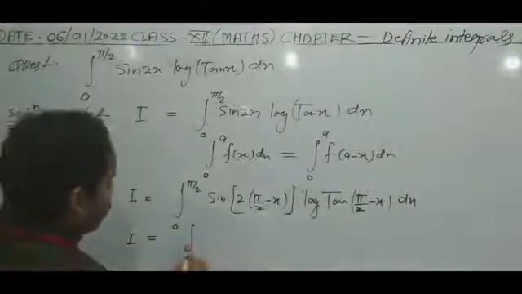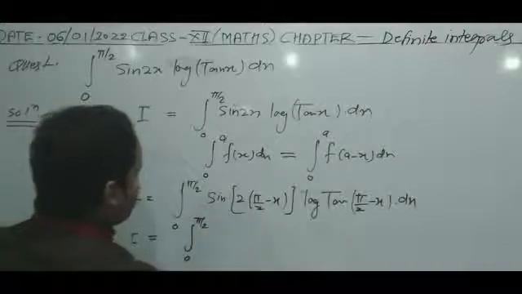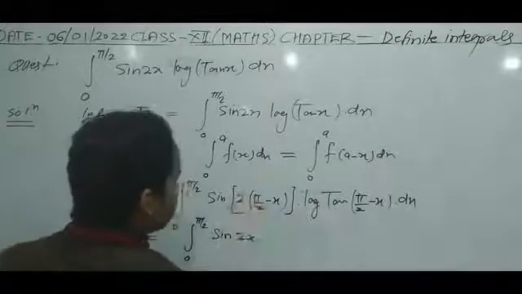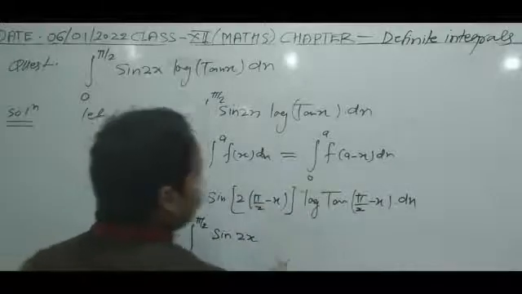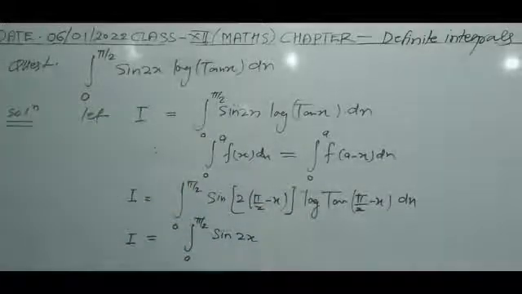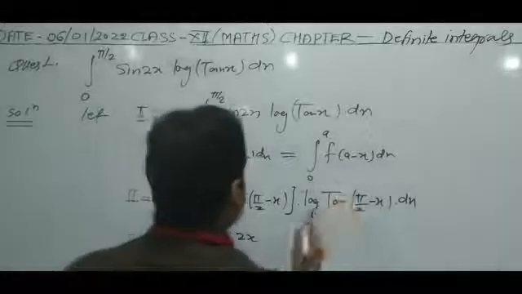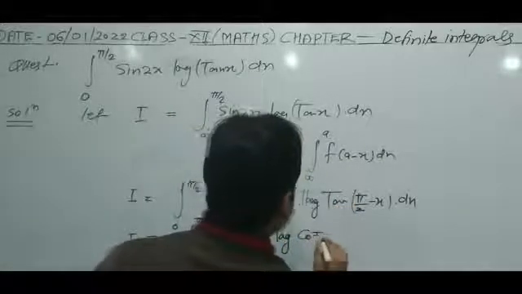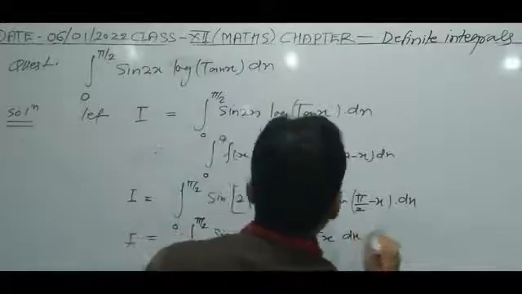Now integration over 0 to pi by 2 of sine 2x, same result, into log of tan of 90 minus theta. The result is cot theta, so this one we can write as log of cot x dx.